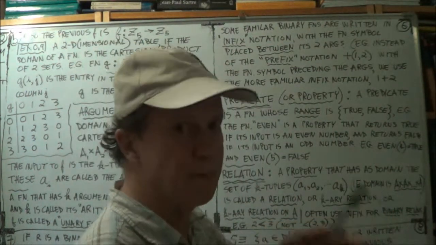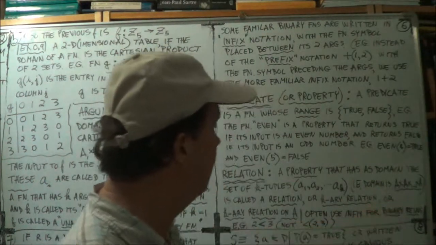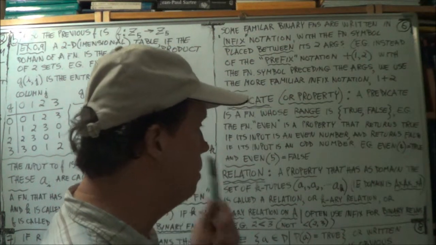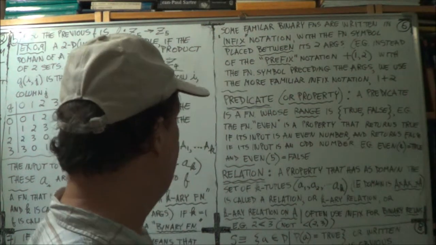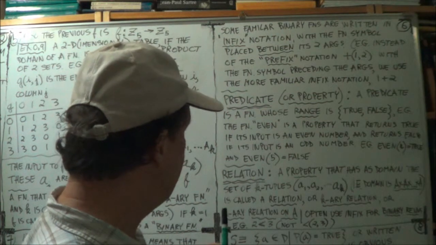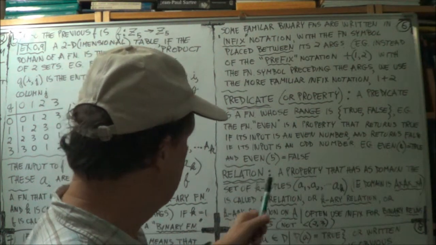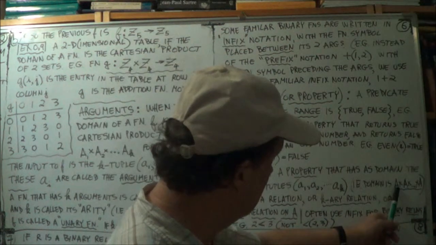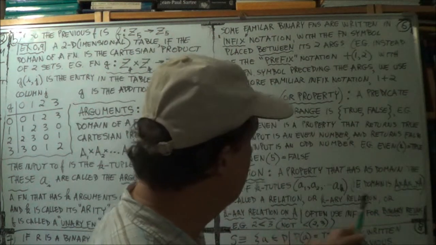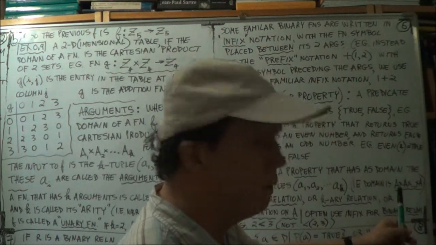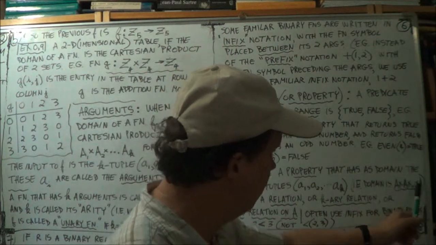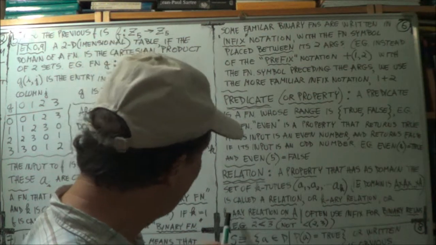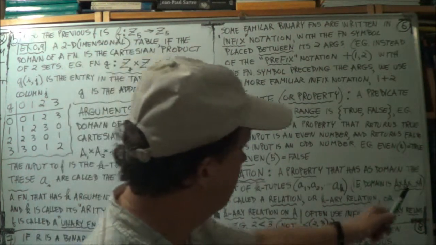You just have k sets, but they're all the same set A. So these values here, they all belong to set A. So a relation is then a predicate where the inputs, there's k of them, and each input is a member of A. So a relation could be a k-ary relation on this set A.